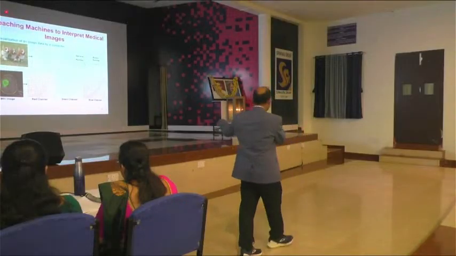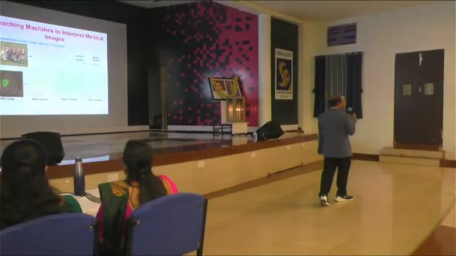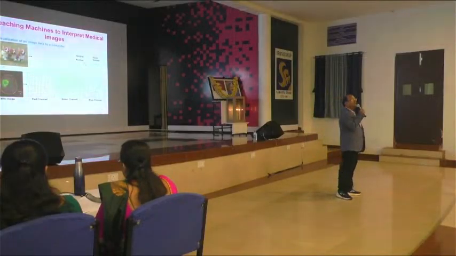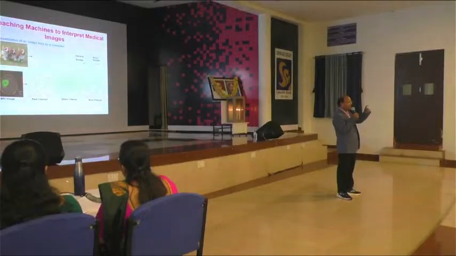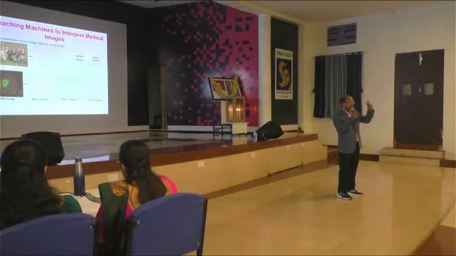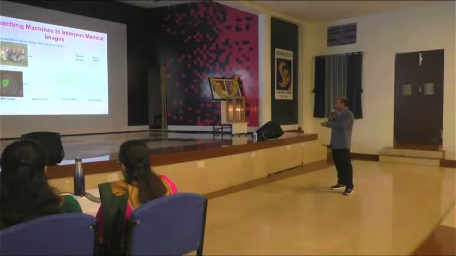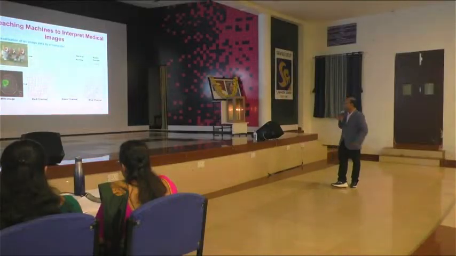This is called an RGB image, and RGB works in additive mode: red, green and blue, three bands. A portion of R, a portion of G and a portion of B are added, and that's what you see as a pixel value here. These are intensity values.